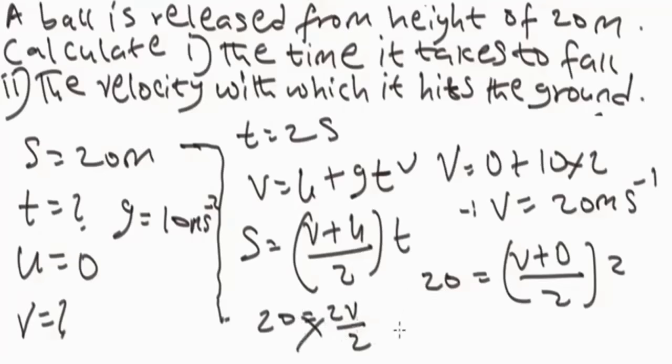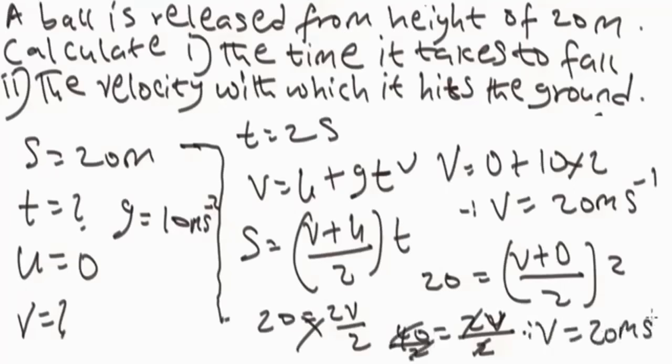You can cross multiply, so you're going to have 40 equals 2v. To make v the subject of the formula, divide both sides by 2. Therefore, 40 divided by 2 is 20, so v equals 20 meters per second. So either one will work, guys. So it's as simple as that.